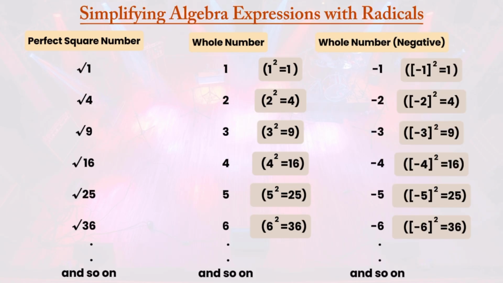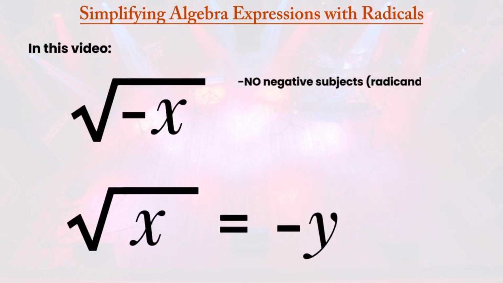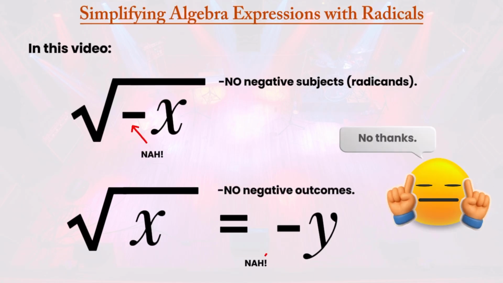The result of a negative number being multiplied by itself gives you a perfect square. However, for now, we're not going to bother with negative values. No negative subjects, no negative results. We'll look into that another time.